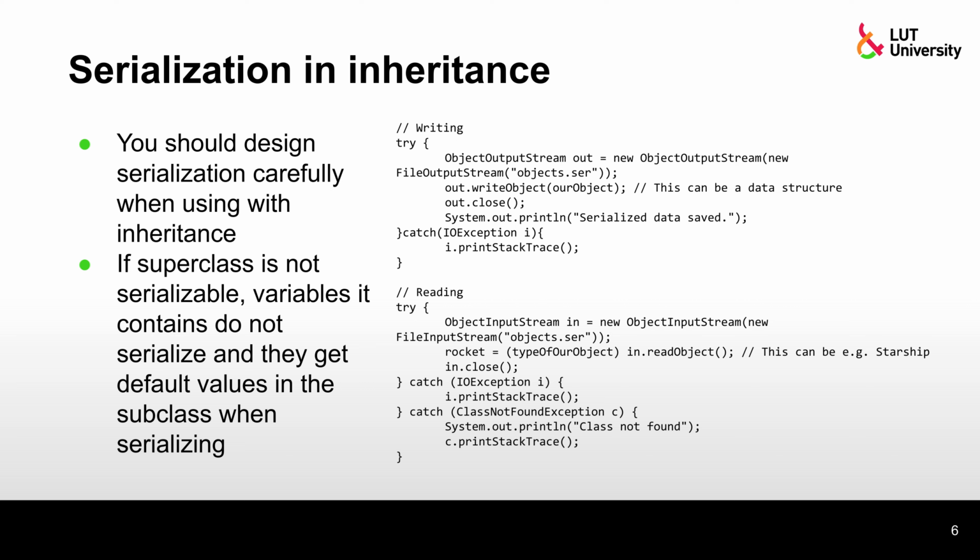Similarly, when we are reading, we use ObjectInputStream, which uses FileInputStream, and then we can just read the object and cast it to the type of object that we want to use. In this example, we have a rocket variable that can be of type Starship, for example.